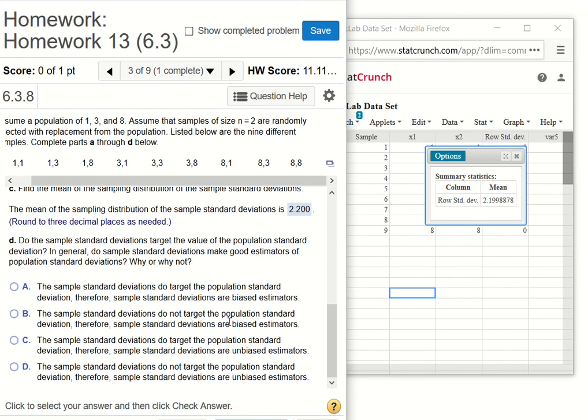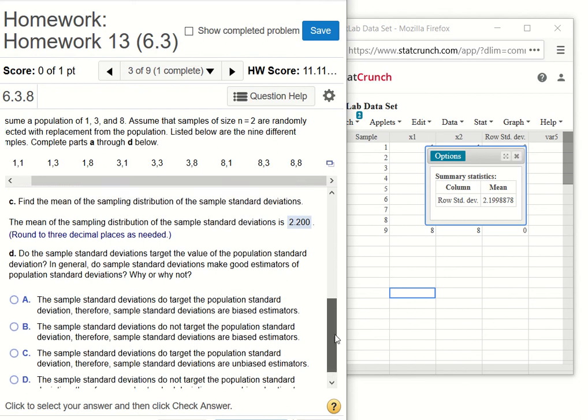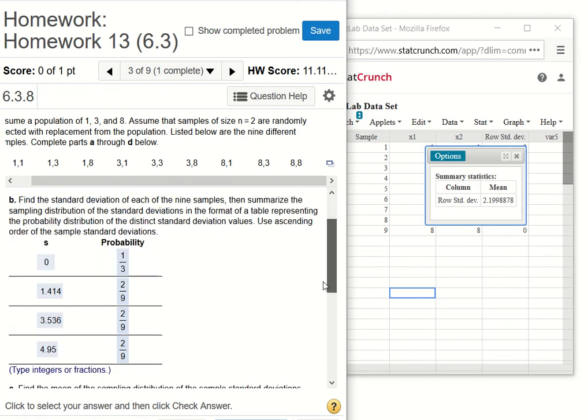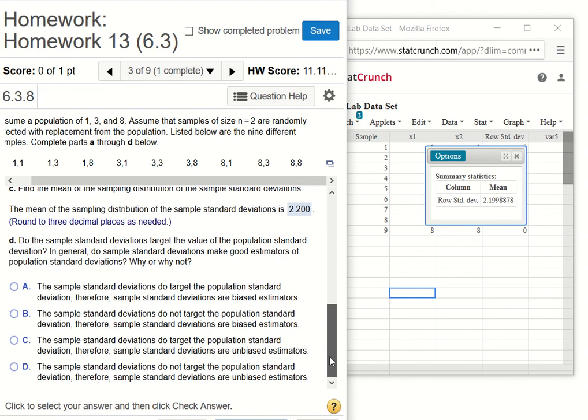Good. Okay, D. Do the sample standard deviations target the value of the population standard deviation? Well, since the mean of the standard deviations, which is 2.2, is not equal to the population standard deviation, which is 2.9, we say the sample standard deviations do not target the population standard deviation.